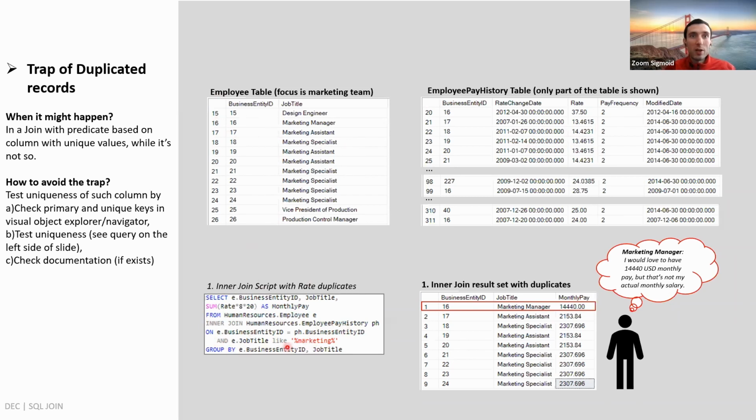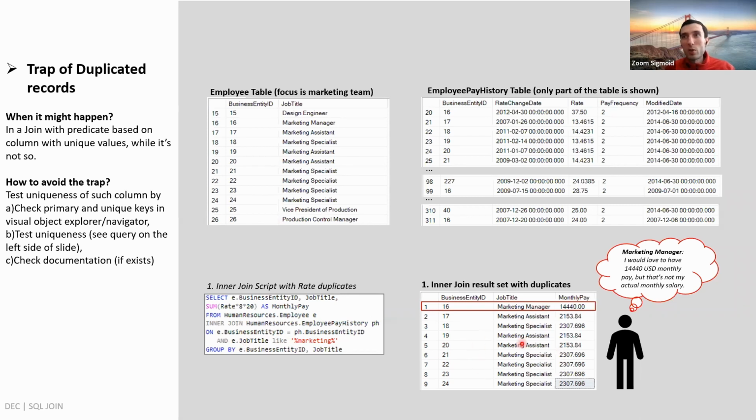And also we specified that we want only marketing. The job title should have only marketing. And then we, of course, group by business entity ID and job title in order to see the amounts per job title.